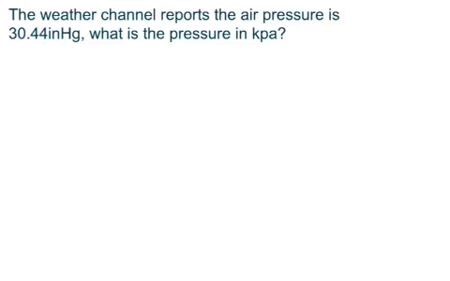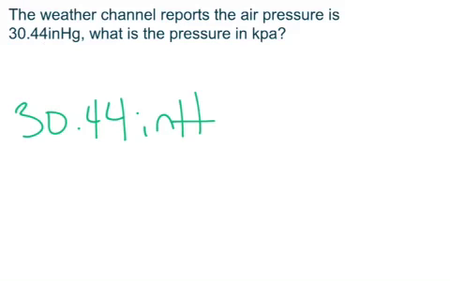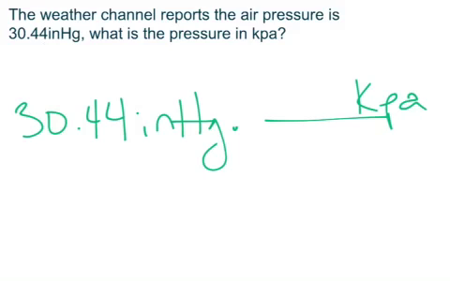Okay, one more example just in case. Let's say we have 30.44 inches mercury, because why not have metric and standard in the same unit? Woohoo! We want kilopascals in the table. It has regular pascals, but we really just need to move the decimal place to make it a kilopascal.